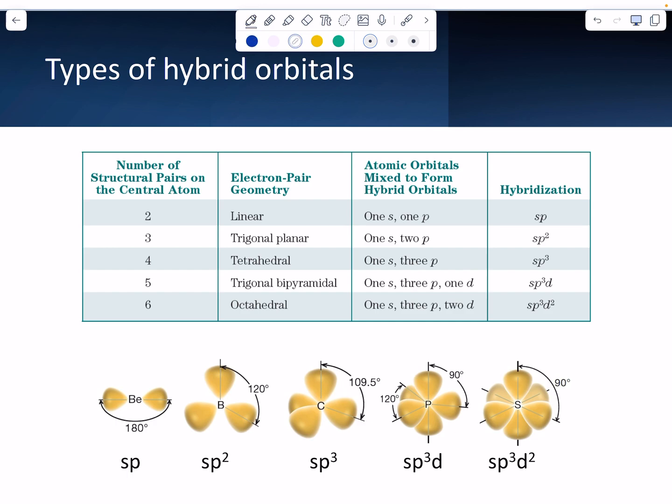So a sigma bond is along the axis between the nuclei. If you're asked to figure out the hybridization around a central atom, we're just going to consider the sigma bonds.